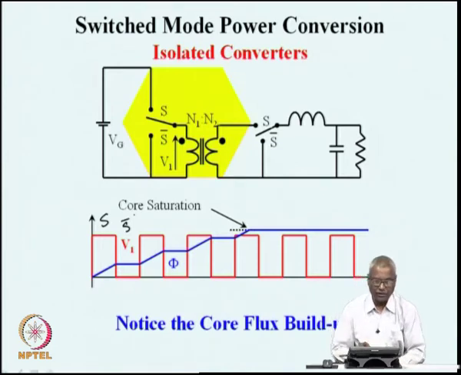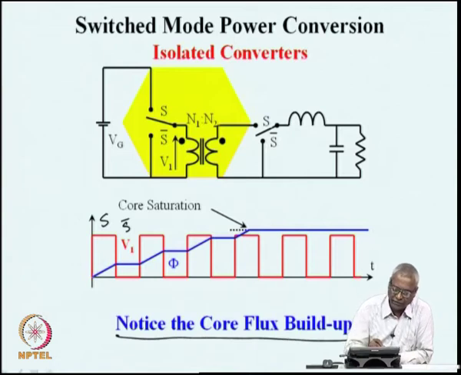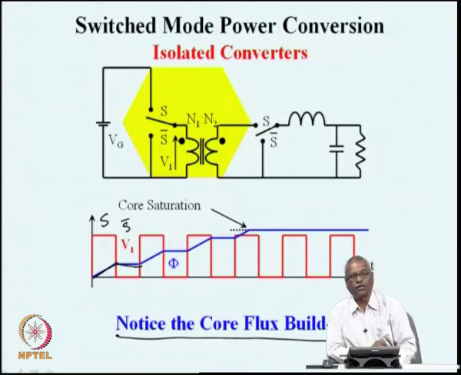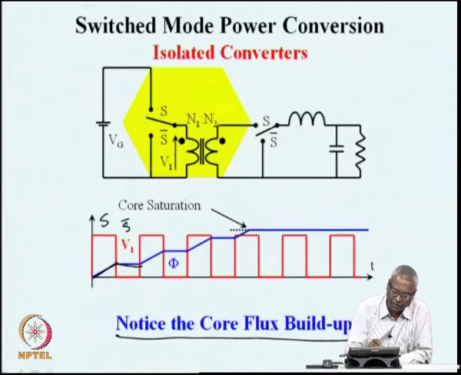Because of this, the net volt-second across the transformer is only positive, it is not 0, and because of that the core flux is building up. Every cycle it builds up during the positive voltage. During the 0 voltage, flux does not die, d phi by dt is 0, and because of that phi remains constant.